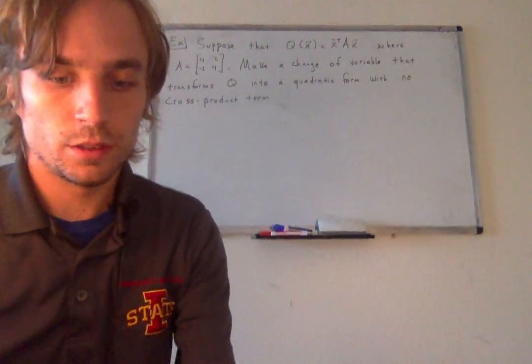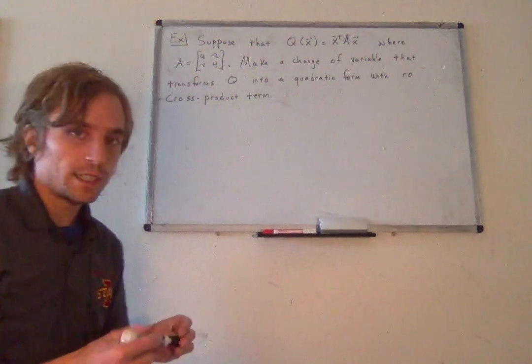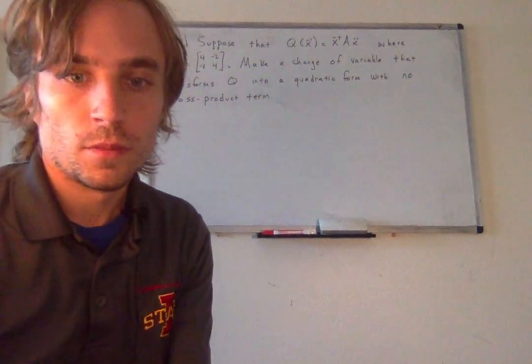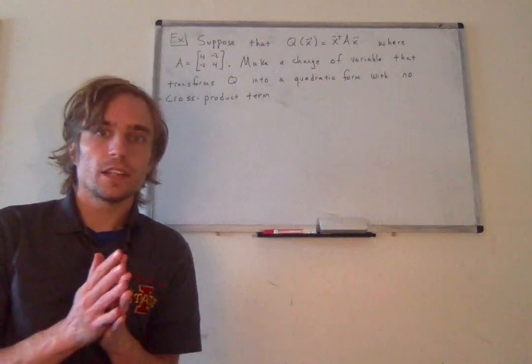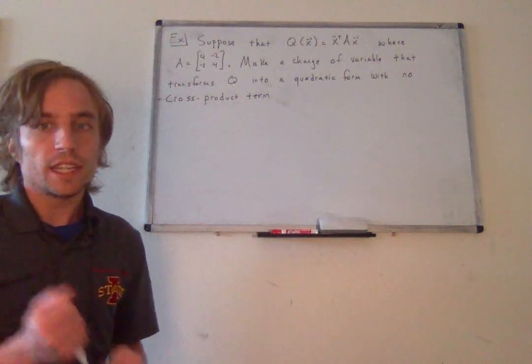To do this, remember the first thing we want to do is orthogonally diagonalize A. But to orthogonally diagonalize A, we need to find the eigenvalues and eigenvectors of A.